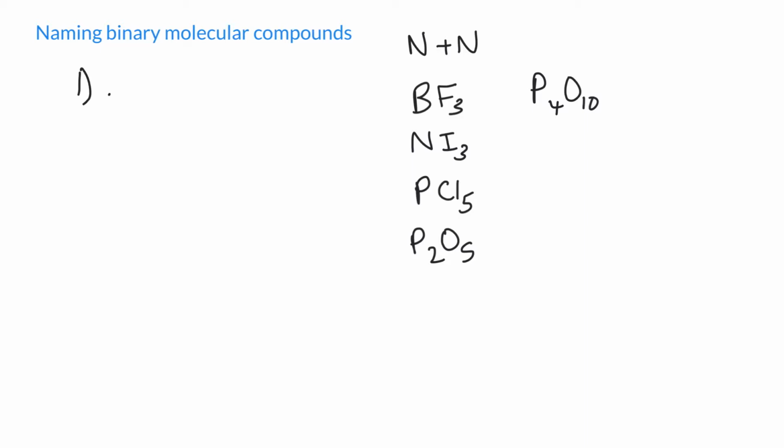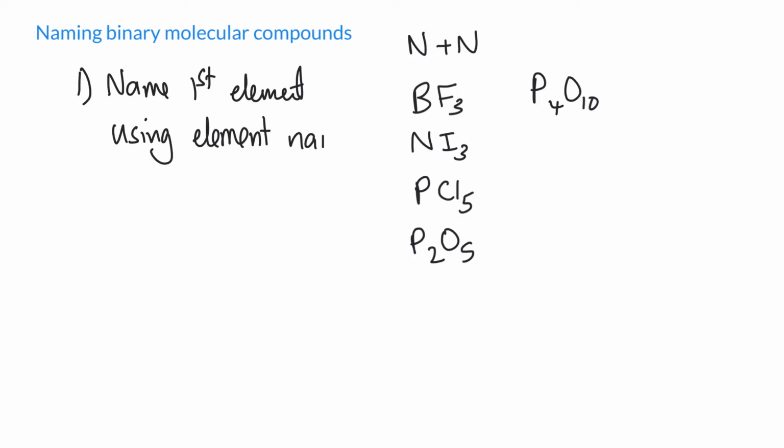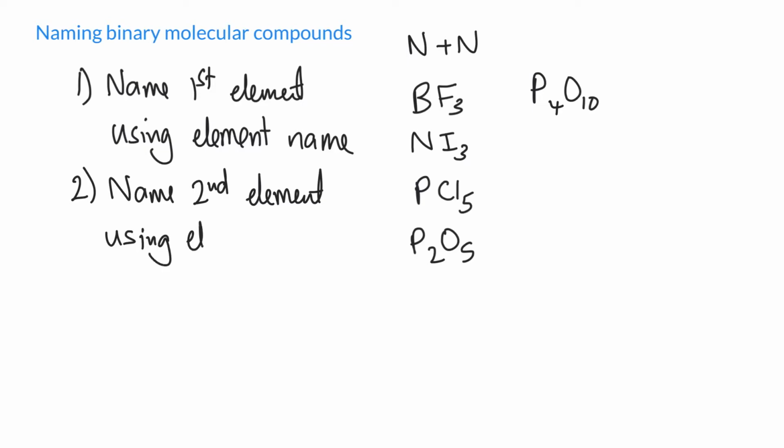So rule number one is name the first element using the element name. And then rule number two is name the second element using the element name with the ending changed to IDE.